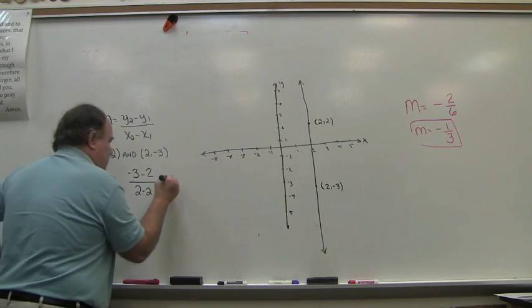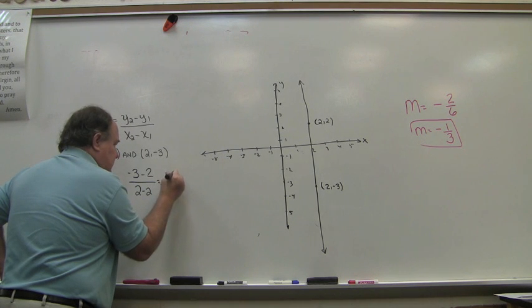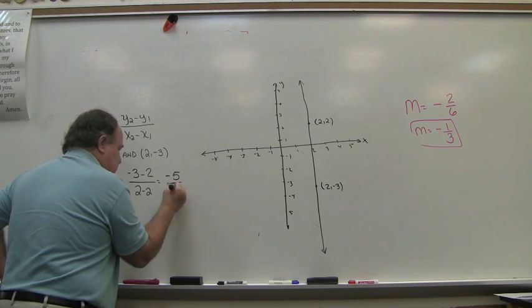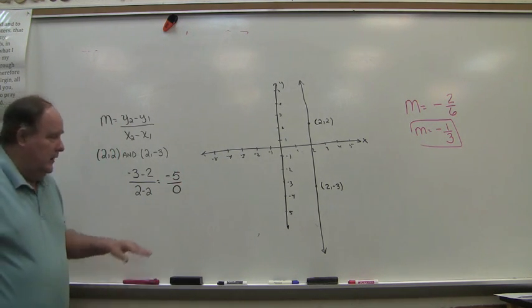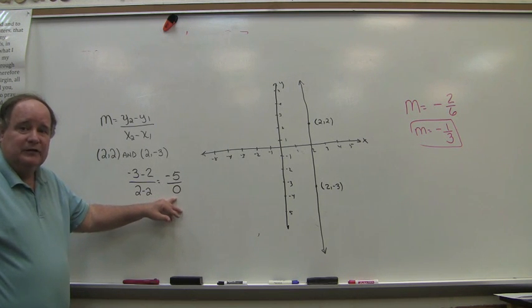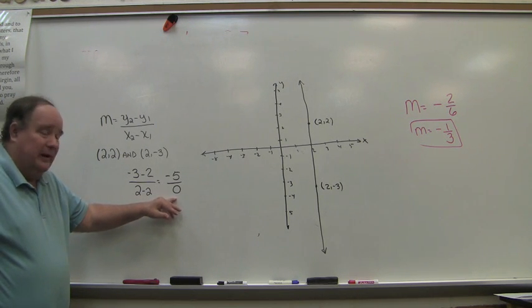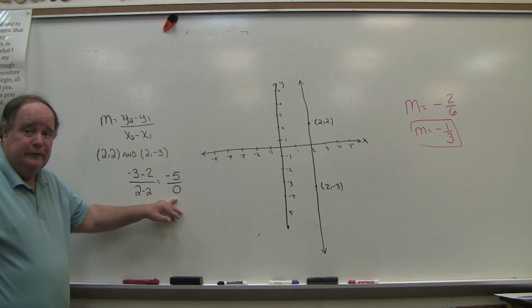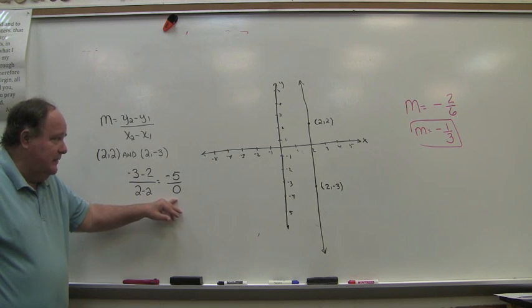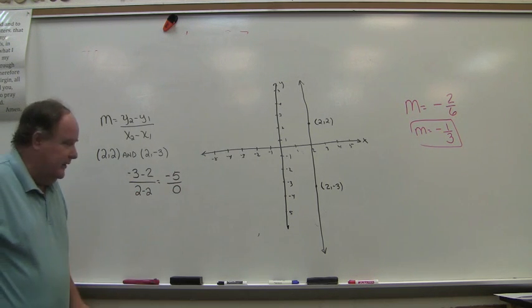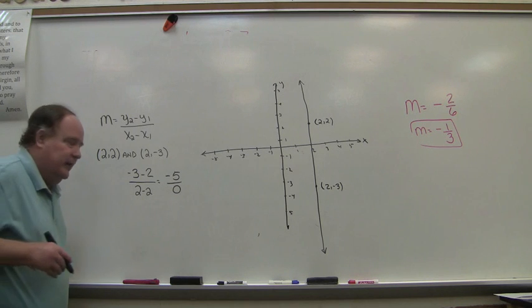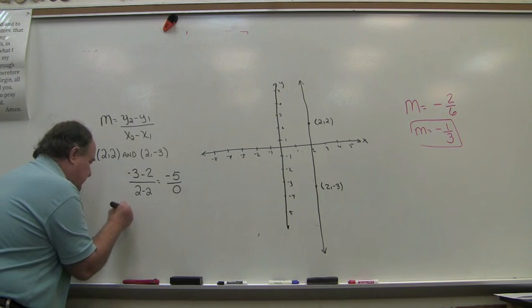Oh, I see a problem already. Does anybody see the same problem I see? Yes. We've learned previously that any division by 0 is undefined. It can't happen. Impossible. So when you have a vertical line, they say that there is no slope.